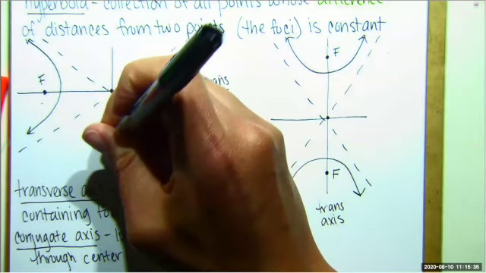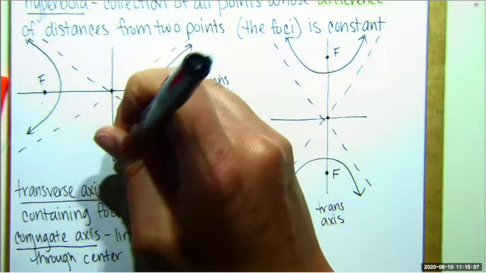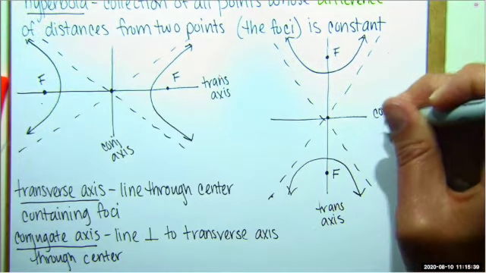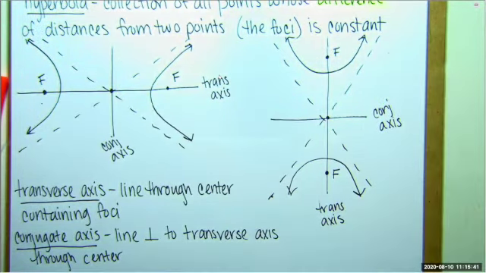So this would be our conjugate axis, and this would be your conjugate axis. Notice our terminology here is different than when we had the ellipse in the last section. For the ellipse, we had major axis and minor axis. Here we have transverse axis and conjugate axis. So sort of the same idea, but just new terms for this new shape.